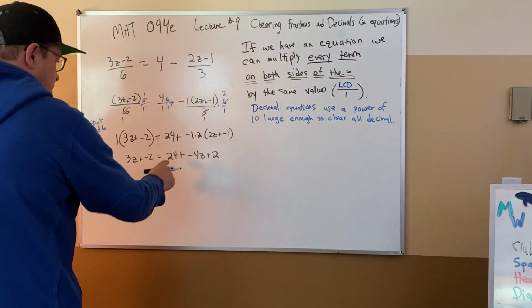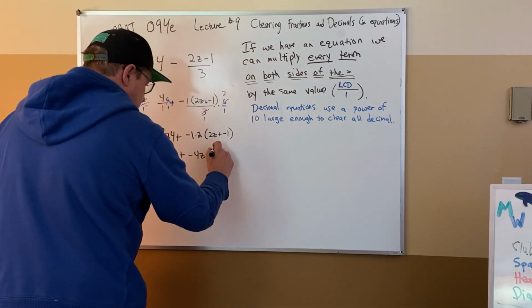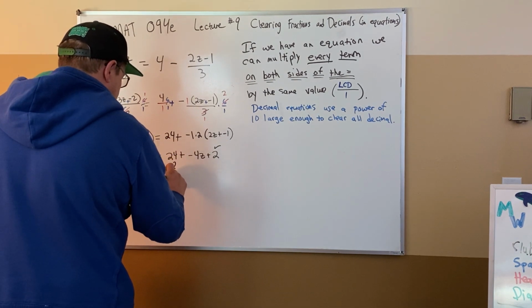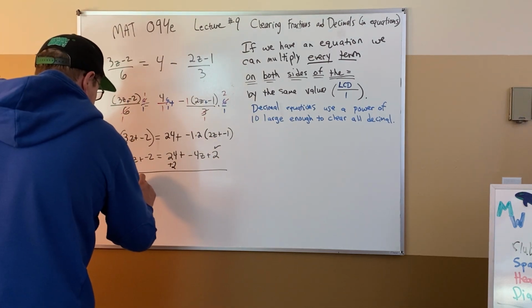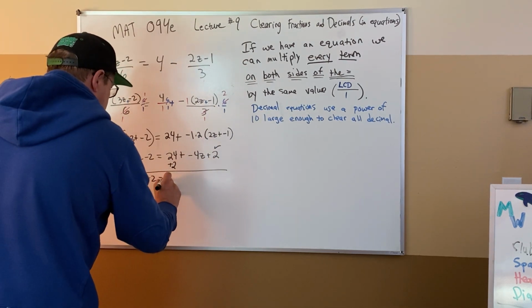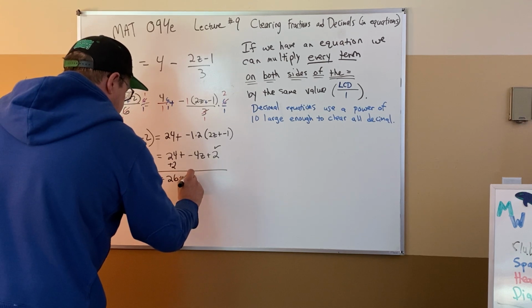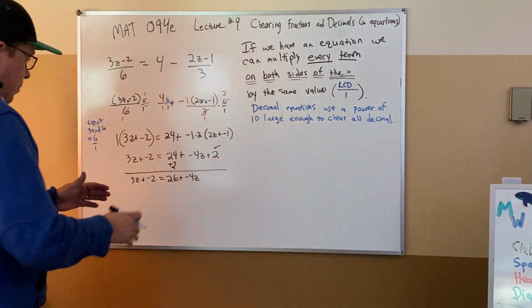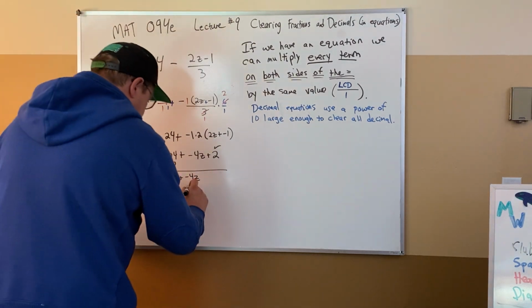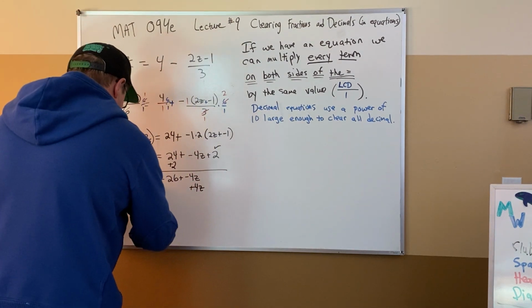No like terms here. There's a number. Here's a z. Here's a number. This 24 is going to get the +2. We have 3z plus −2 equals 26 plus −4z. Where's the worst bank balance? Definitely there. Let's add 4z to both sides.